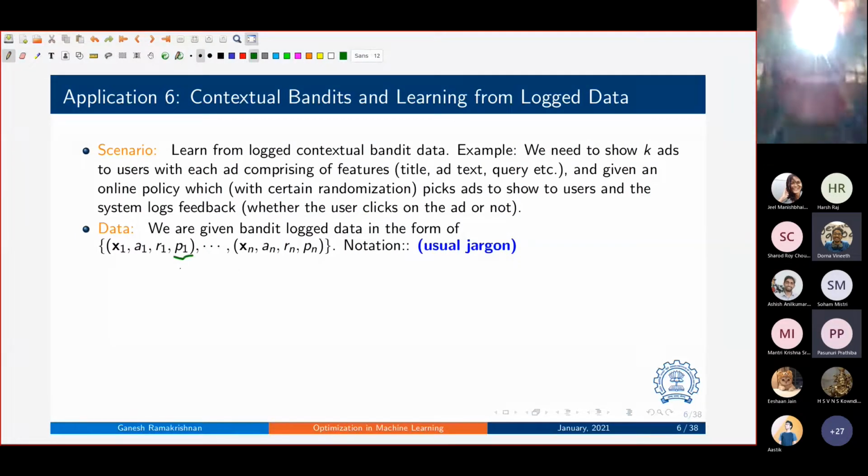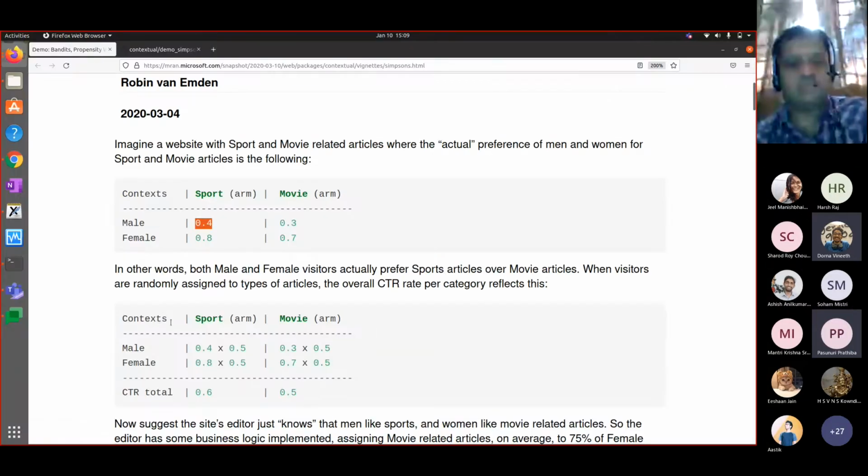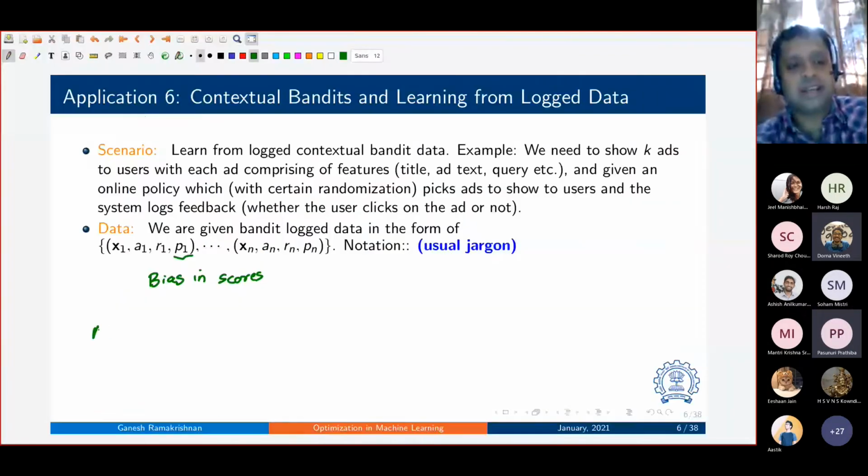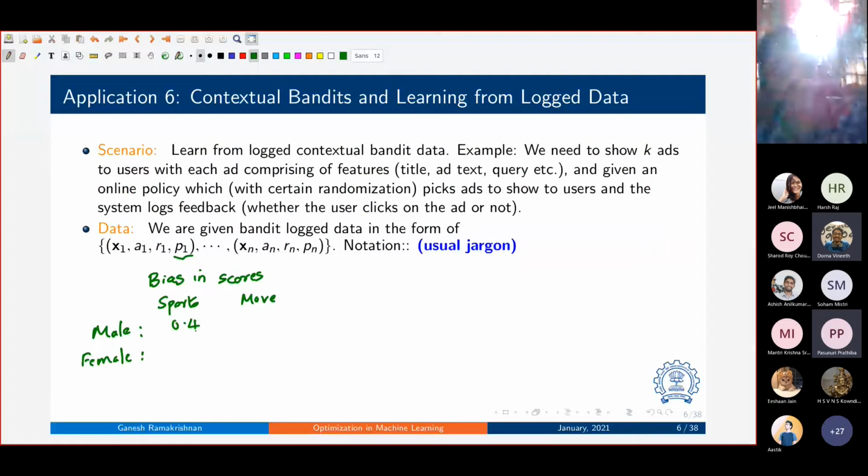So let's look at this. We have not written the exact form of p1, but just pasting from here: male rewards for the sports arm as against the movie arm, and contrast that with the female rewards for sports as against movies. So 0.4, 0.3, as against here 0.8, 0.7.